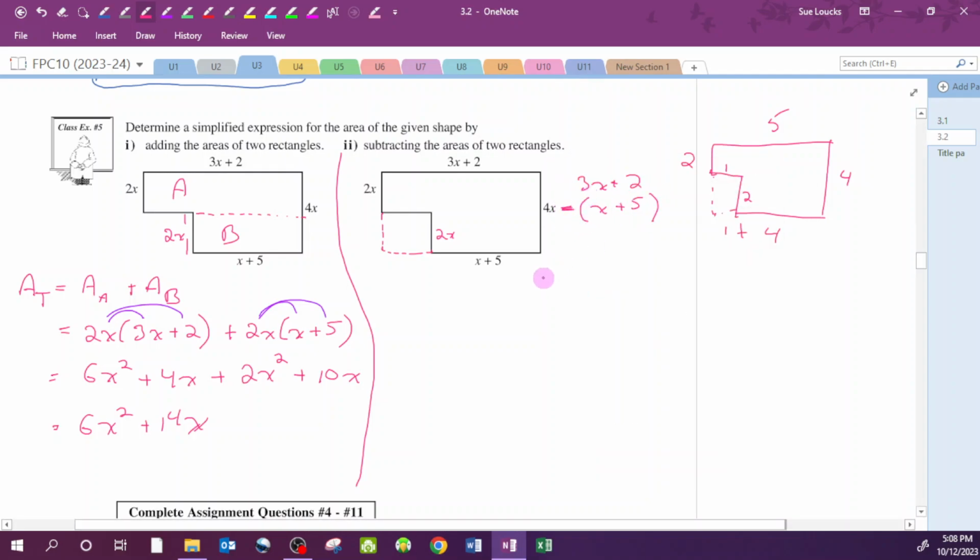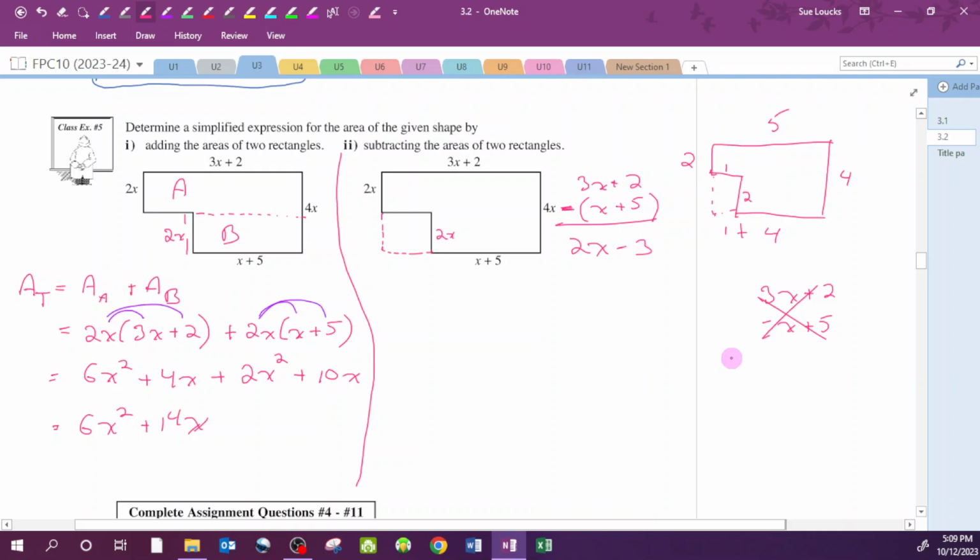And this has to be in brackets because if you write it as 3x plus 2 minus x plus 5, it looks like I'm subtracting the x, but I'm adding the 5, and that's not what I'm going to do. So that's wrong. I'm going to go 3x minus x is 2x, and 2 minus 5 is minus 3.